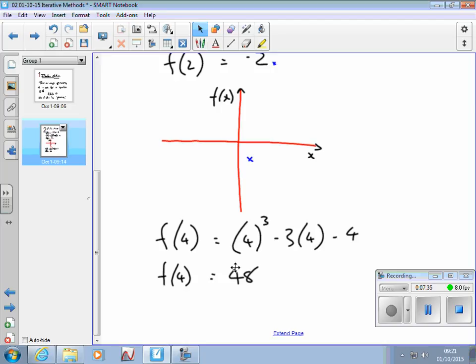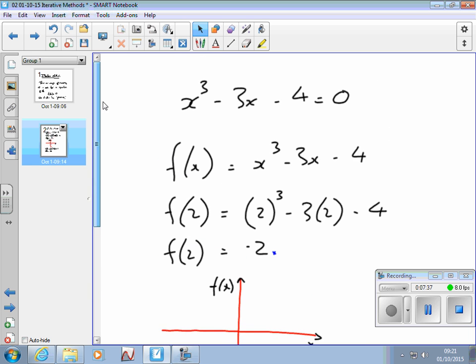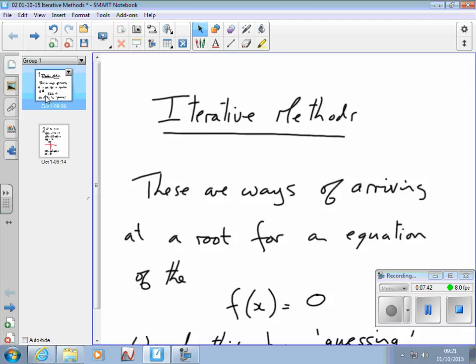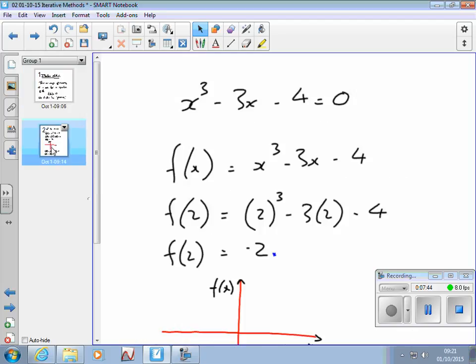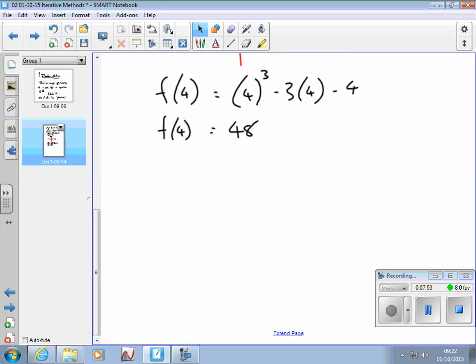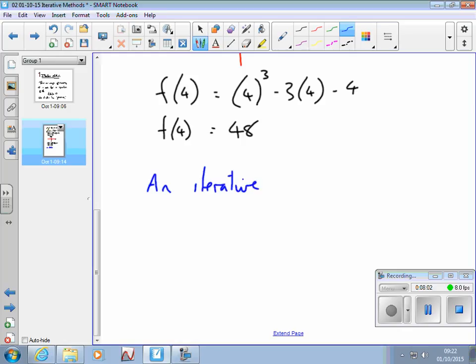So when we use these iterative methods, we've actually gone through exactly what we do for the first step. We find values of x so that for the function, one is positive, one is negative, and we know then that the root's somewhere in between. So that's our first step.